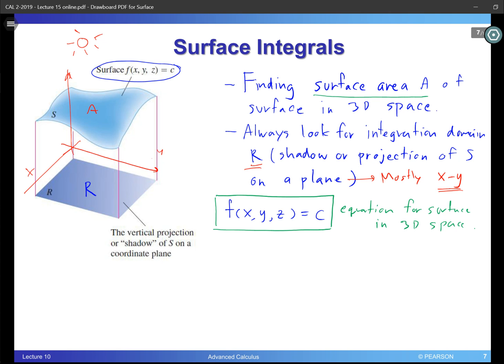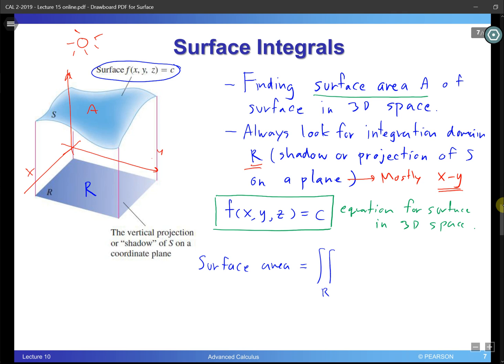Right, so the surface area that we want comes from the surface integral. It is equal to the double integral over the integration domain R. That is why I ask you to always look for R. Find out the shape of R, because you need it when you perform the double integration.